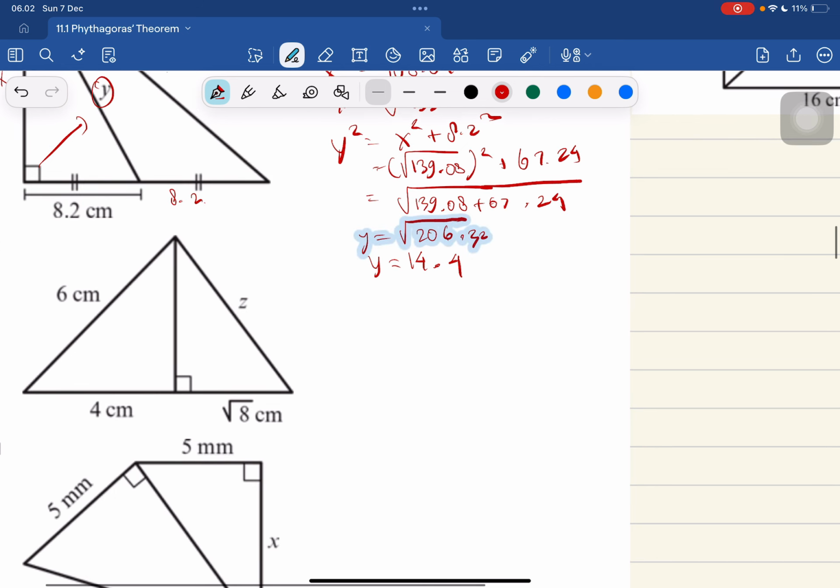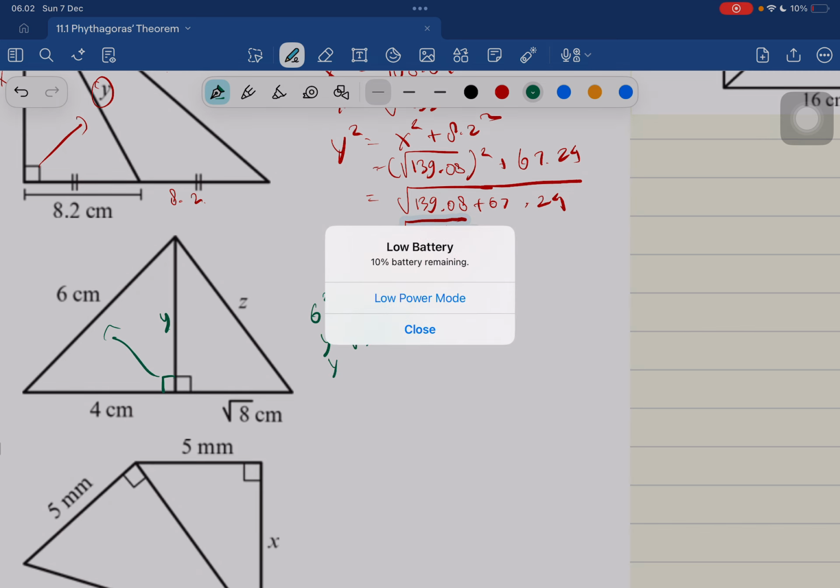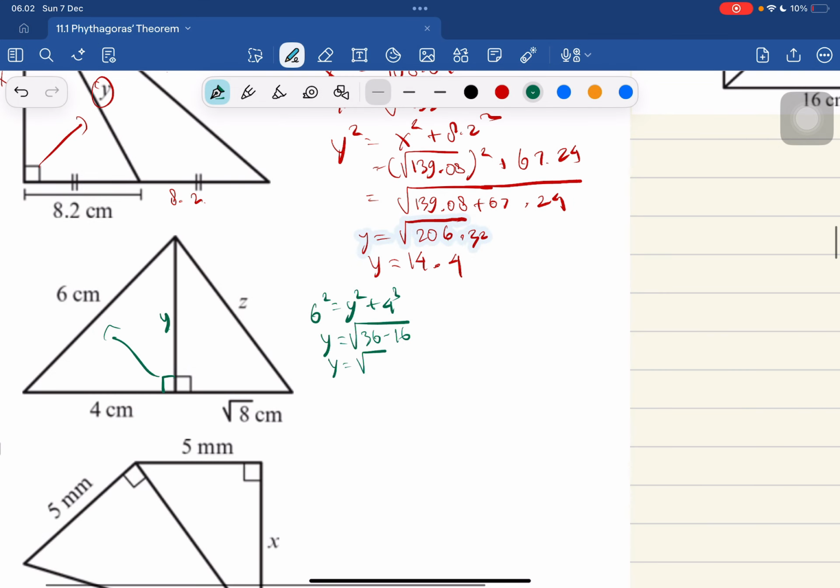Okay, let's proceed. First, let us find this y. If this is a right angle, the hypotenuse is 6. So 6 squared equals y squared plus 4 squared. So y equals the square root of 6 squared, which is 36, minus 4 squared, which is 16. So y equals the square root of 20. This is the hypotenuse z.